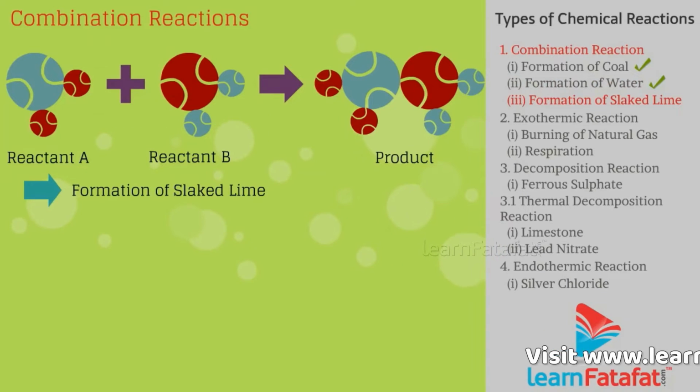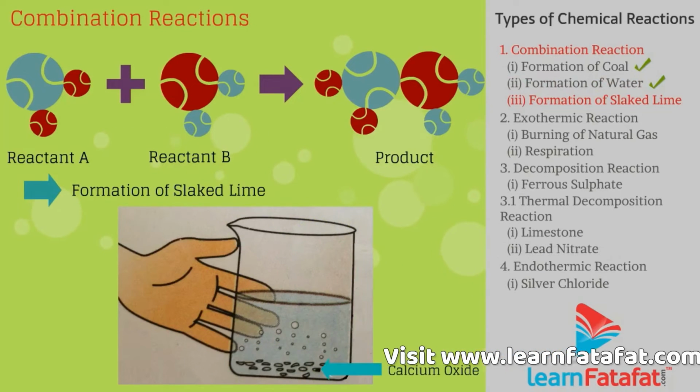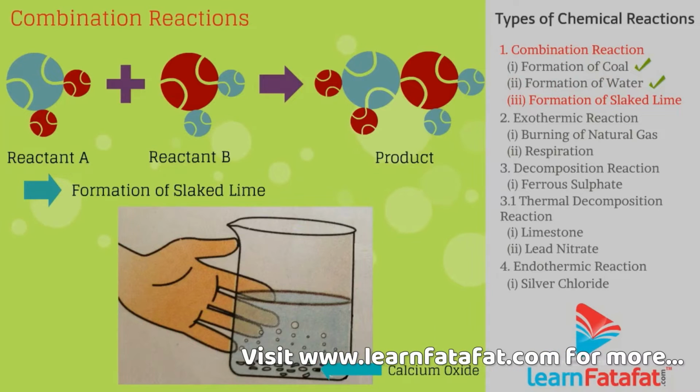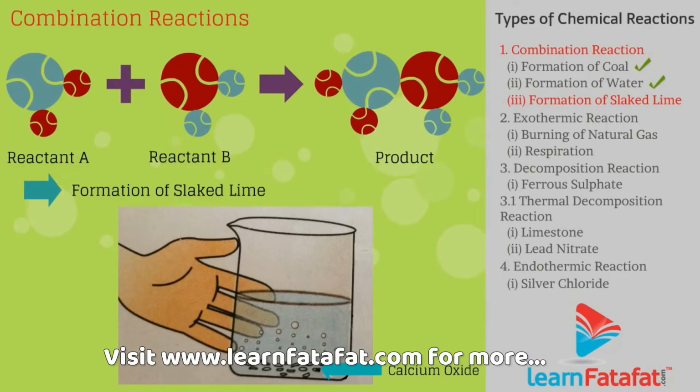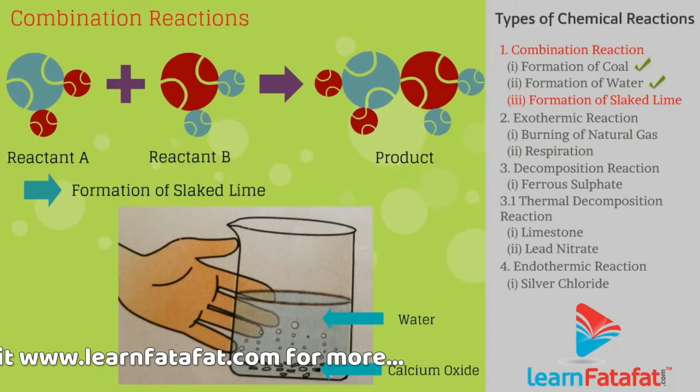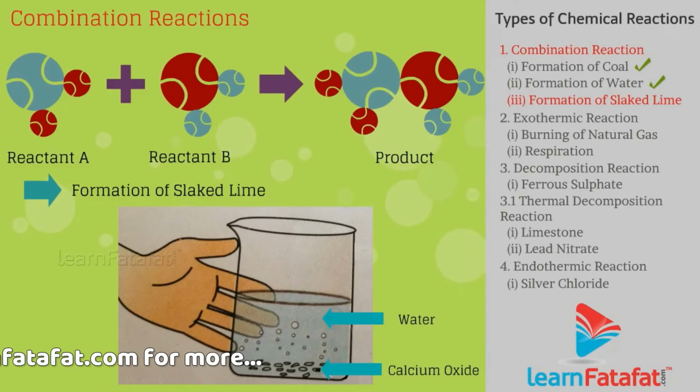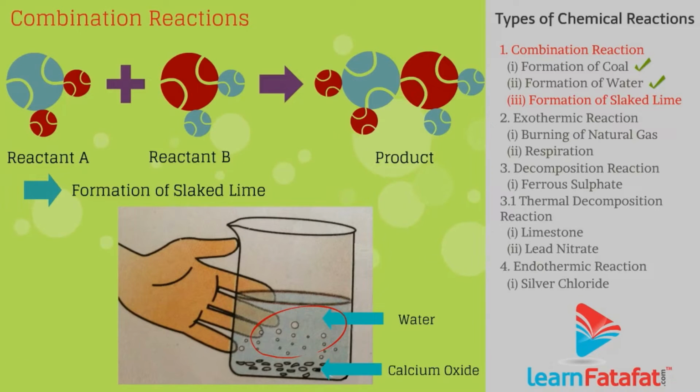Formation of slaked lime. Take a small amount of calcium oxide or quicklime in a beaker. Slowly add water to this. Calcium oxide reacts vigorously with water to produce slaked lime.